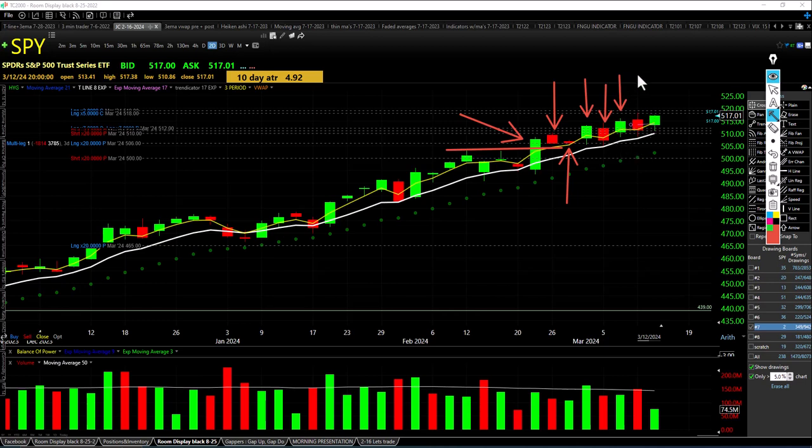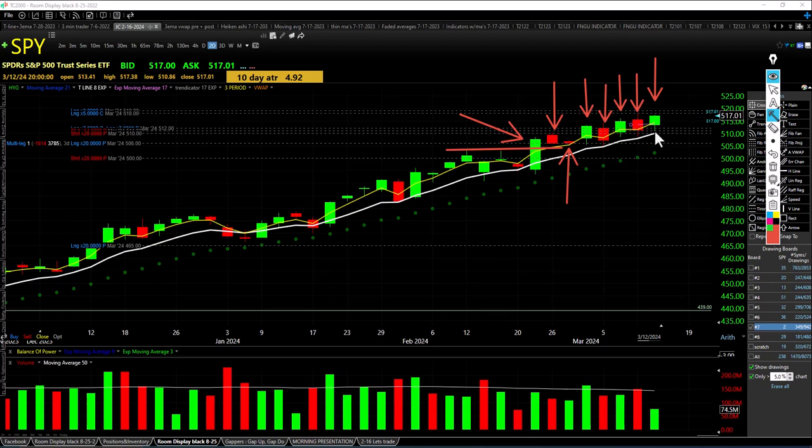Price advancement candle number 4 makes a higher high and a higher low. Guess what we're on? Price advancement candle number 5. This can go on for 10 or 12 candles. Okay? I play the pattern until it's done.